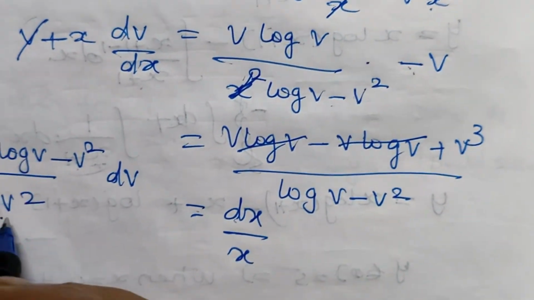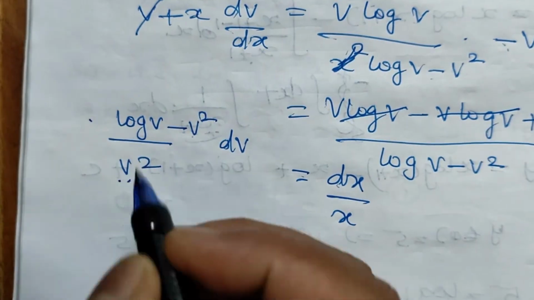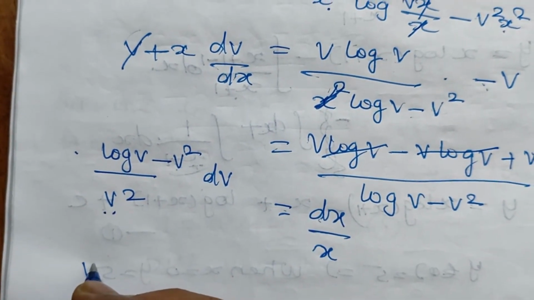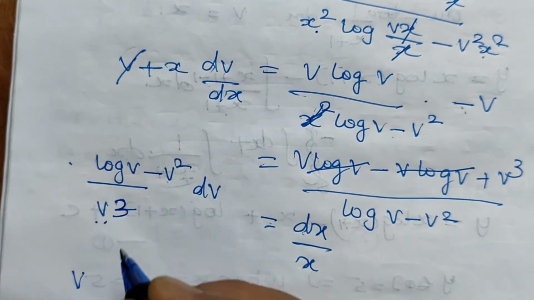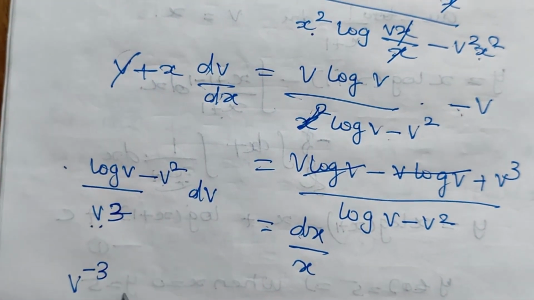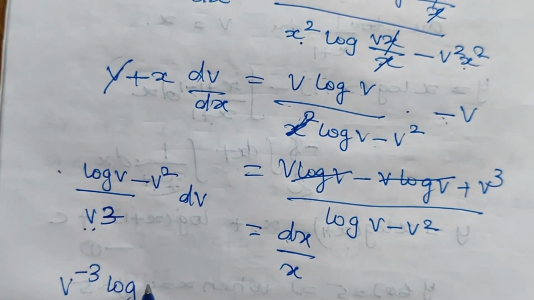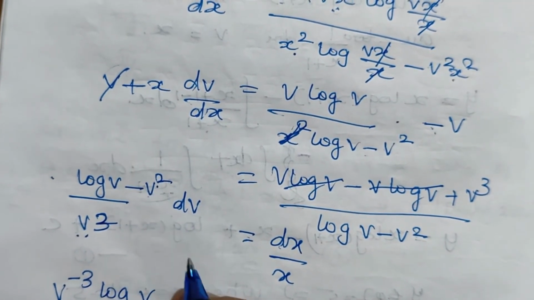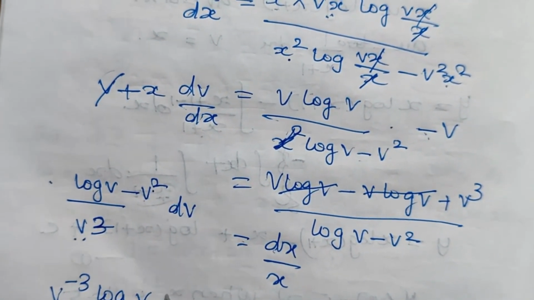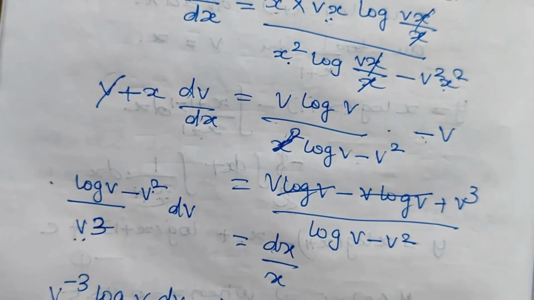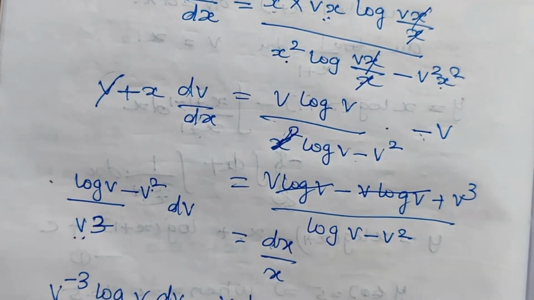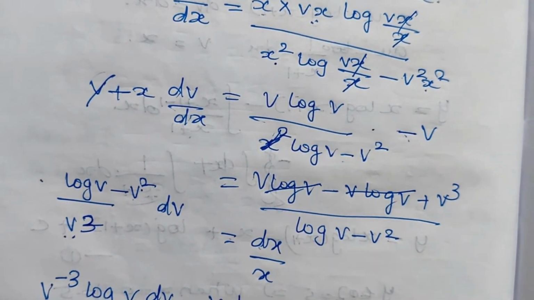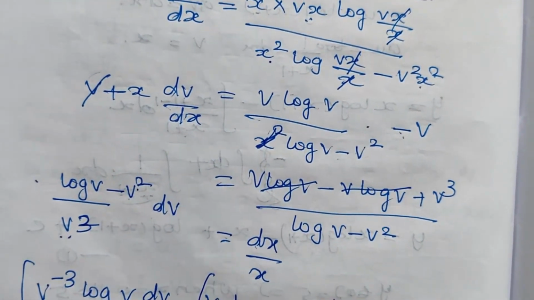Next I bring this v³ to the denominator, so what you get is v^(−3) log v − v^(−3) times v², that is v^(−1)... that is v^(−3) log v dv − v dv = dx/x, integrate this one.